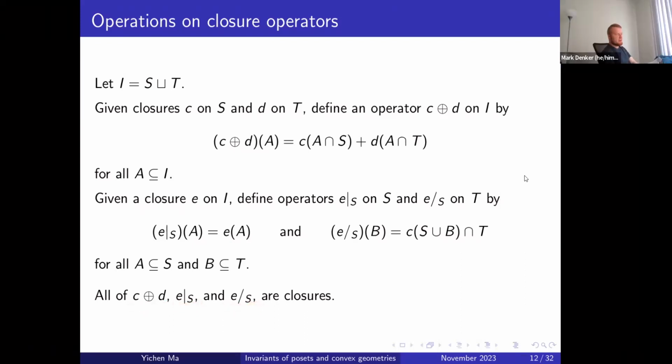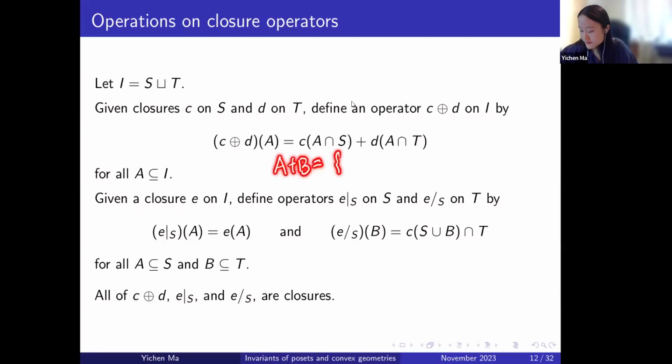We have a question in the chat. For our sum operator here, what is the sum of the sets? Oh, so for example, A plus B is just A union B, where A is in the first collection and B is in the second.